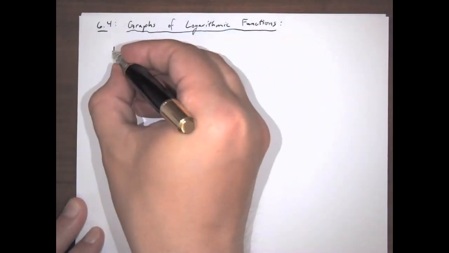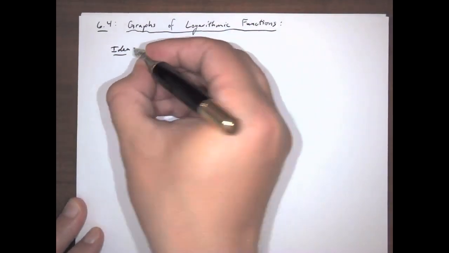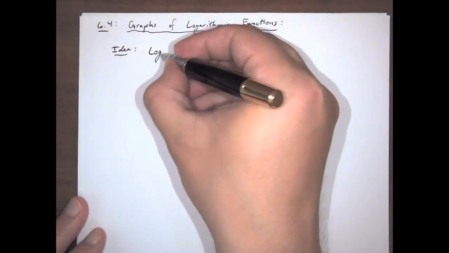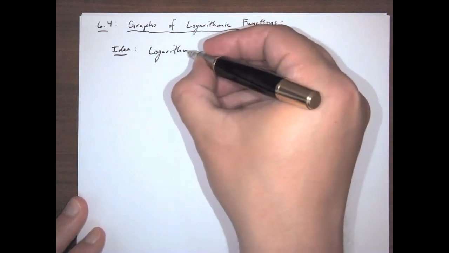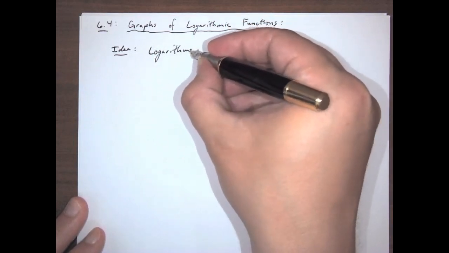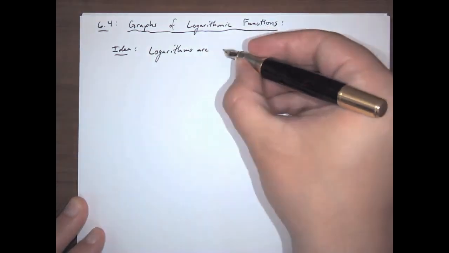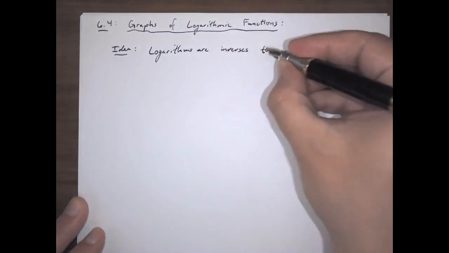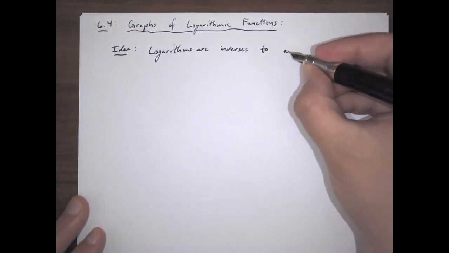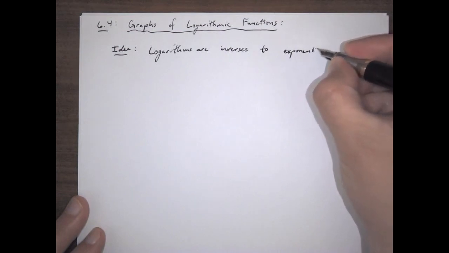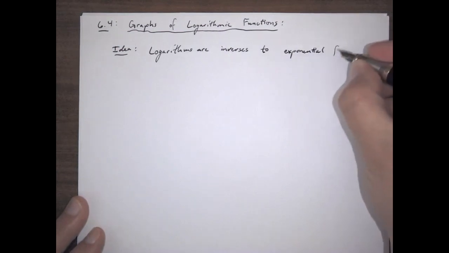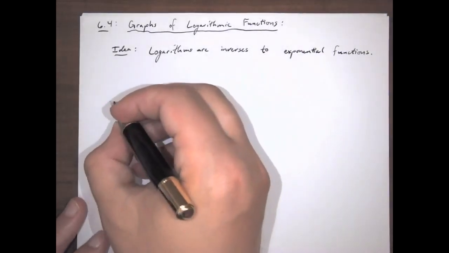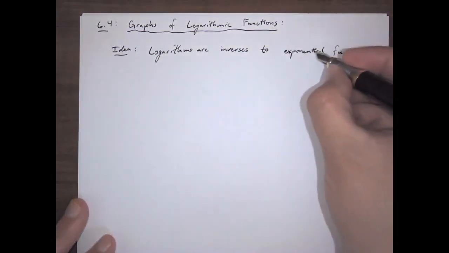Here's the basic idea. Well, what is a logarithm anyway? It's the inverse of an exponential. Logarithms are inverses to exponential functions. And what's the deal with inverses? They switch x and y.